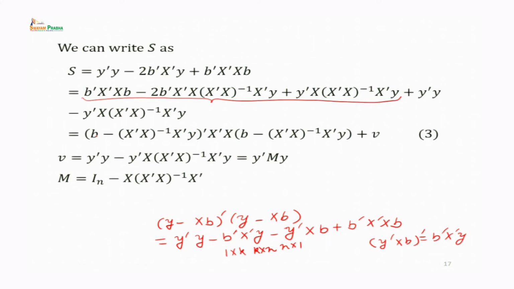So, for example, the first term is b transpose X transpose X b, which you get from here, and then the second term, minus 2 times b transpose X transpose X inverse X transpose y, which you can obtain. And then S is equal to this quantity, and you write it equal to y transpose M y, where M is equal to this.